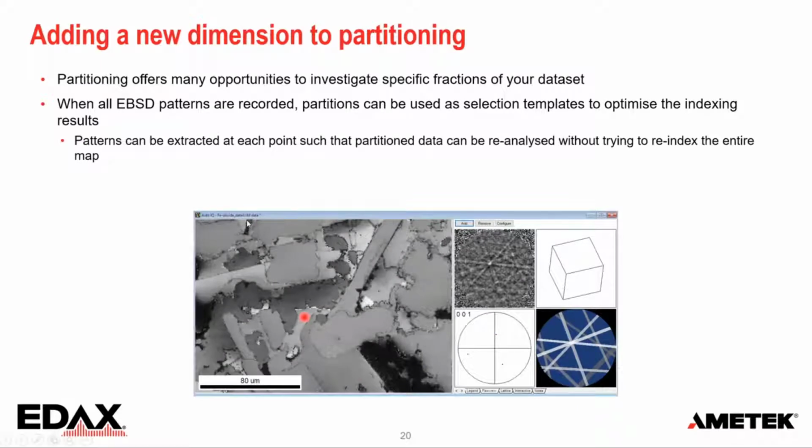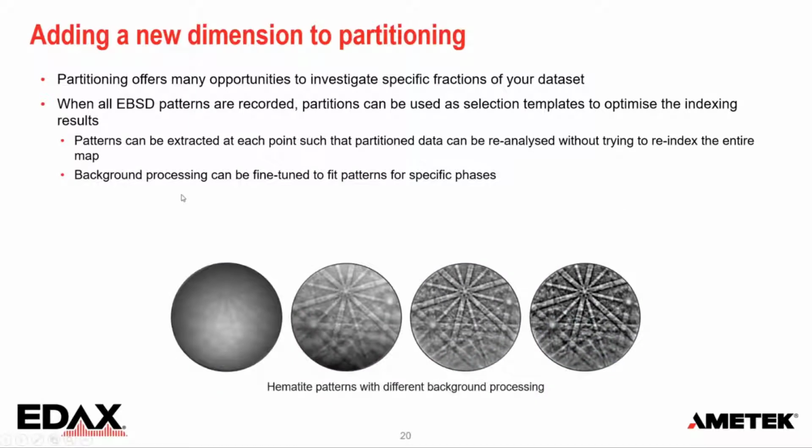So when we have a map here, I can just move my mouse over the data set and you can see the original pattern, orientation, and the reconstructed pattern. But you can also extract individual patterns for different phases or for a different partition. And you can optimize the background processing for specific phases. I have an example of that later on where it can be very useful.